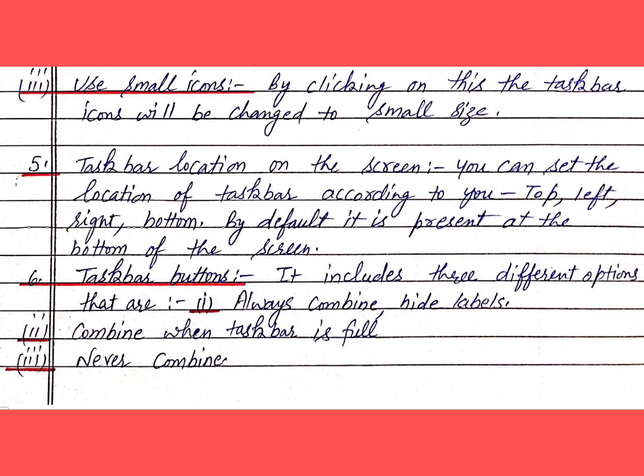Number 6. Taskbar buttons. It includes 3 different options that are Number 1. Always combine, hide labels. Number 2. Combine when taskbar is full. Number 3. Never combine.